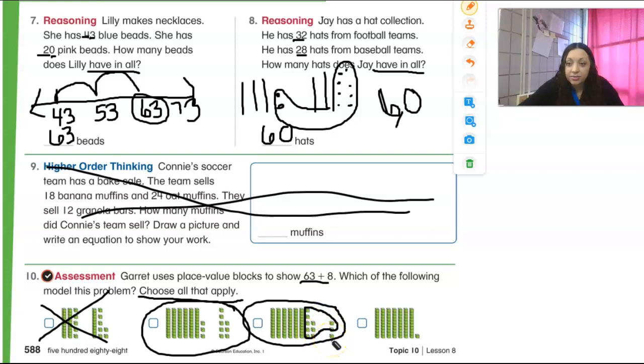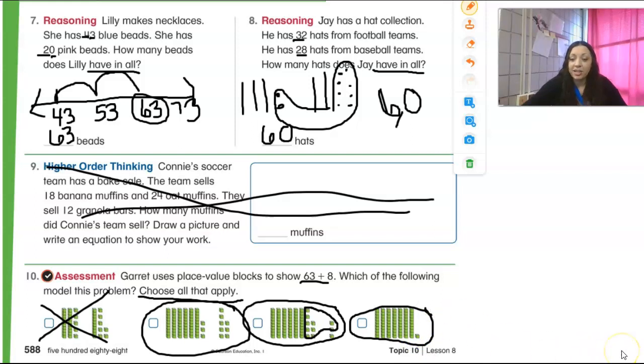And how many do I have left over? 1. So then I would have 1, 2, 3, 4, 5, 6, 7 tens and 1 one. So 7 tens and 1 one does show that problem. So 3 different problems could kind of show the answer.